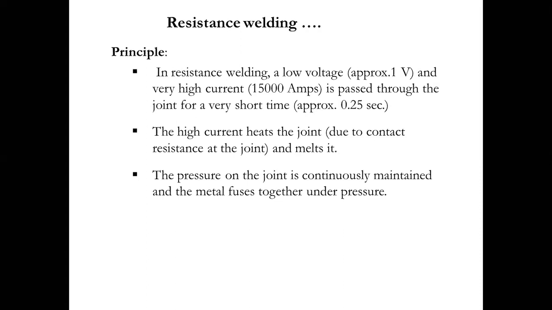Generally in industries, the time for the current to pass and fuse the material to the fusion temperature is about 0.25 seconds. The high current will heat the joint and melt it, and after the melting takes place, you will apply pressure simultaneously in order to fuse the joint, right? This is the principle of resistance welding.